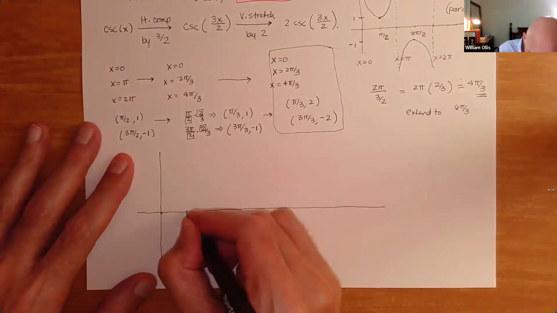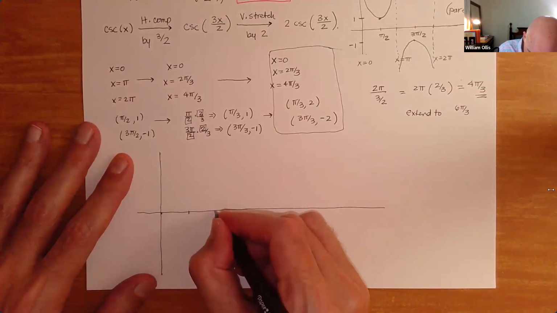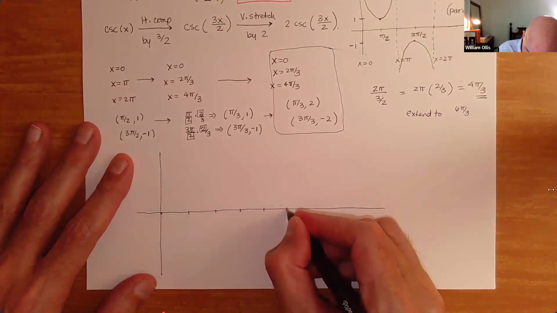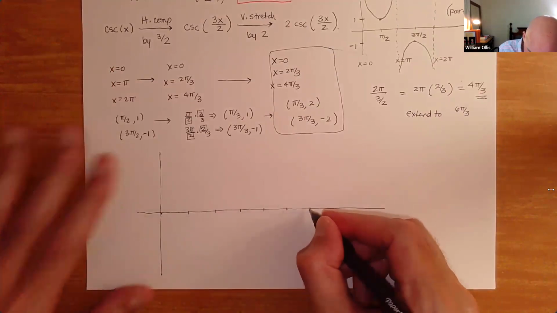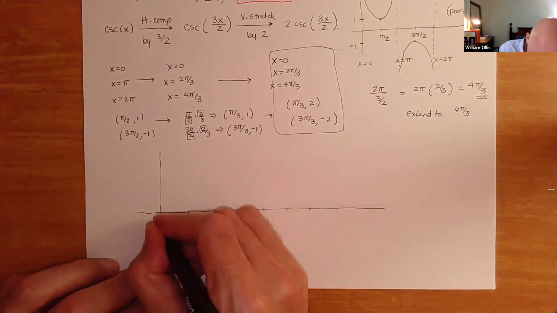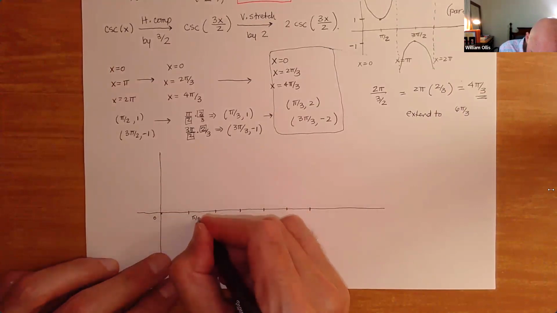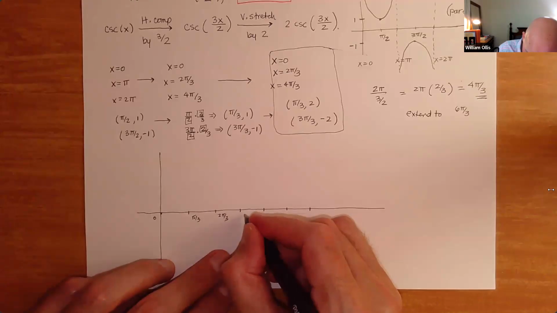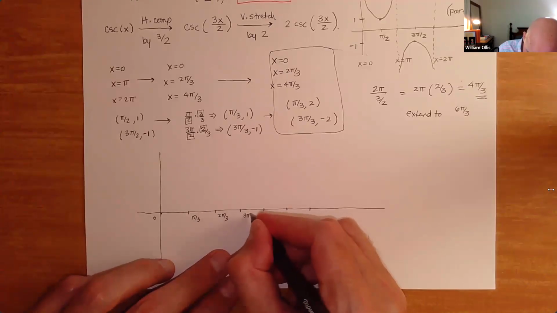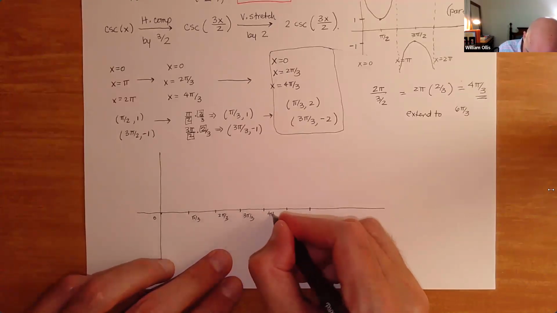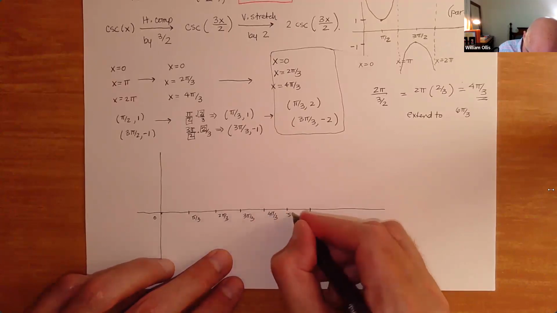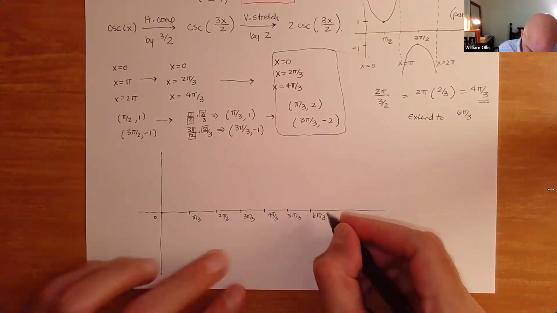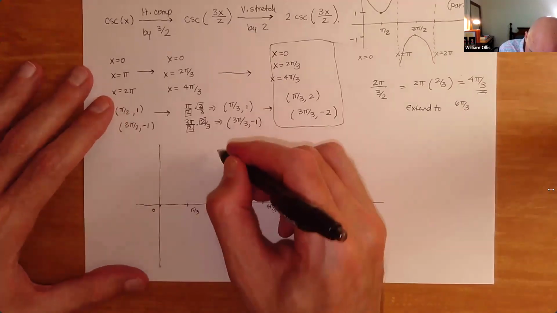So we have 0, pi over 3, 2 pi over 3, 3 pi over 3, 4 pi over 3, 5 pi over 3, 6 pi over 3. So we'll just go ahead and label these. And then we have 3 pi over 3, 4 pi over 3, 5 pi over 3, and then 6 pi over 3. So let's draw in our vertical asymptotes.